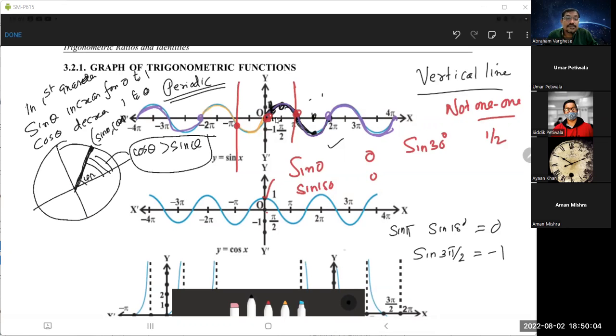At that time, we need this observation. In 0 to 45 degrees, when comparing sin theta and cos theta, cos theta will be more than sin theta. But in the second part, 45 degrees to 90 degrees, sin theta will be more than cos theta.